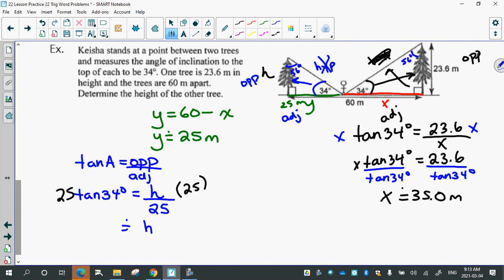Now let's see if it says to determine the height of the tree. It doesn't say to the nearest anything, so I'll keep one decimal place. 16.9. So therefore, the other tree is 16.9 meters tall.